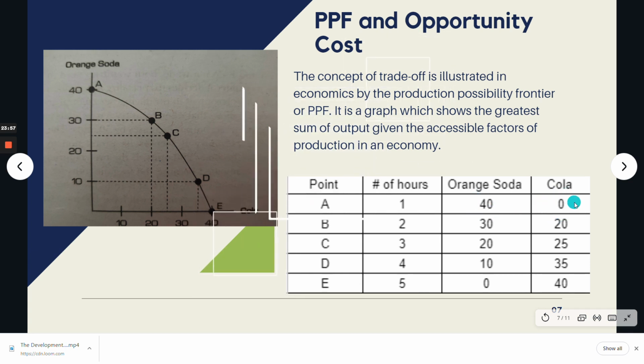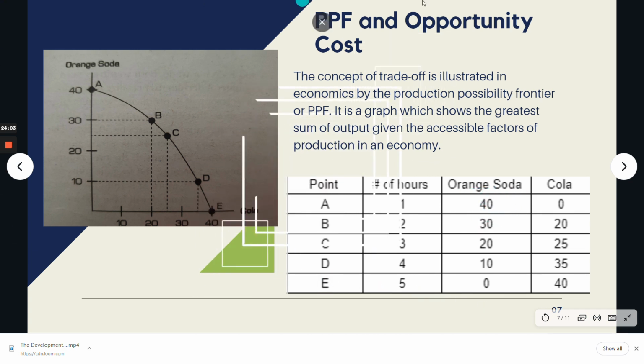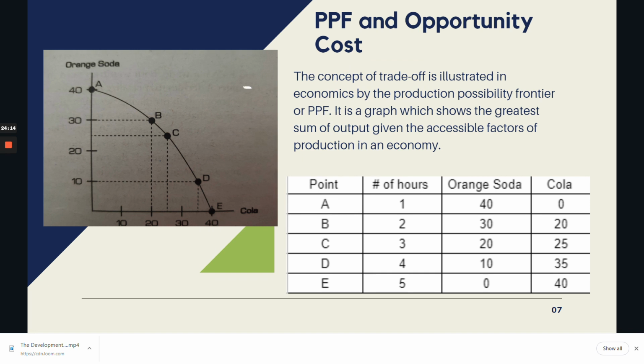So gi-give up nimo ang cola and you produce soda at 40. At point E, you are giving up orange soda and you are producing cola. Pinakadaghan is 40. So mo na imong production possibility frontier or PPF and your opportunity cost.